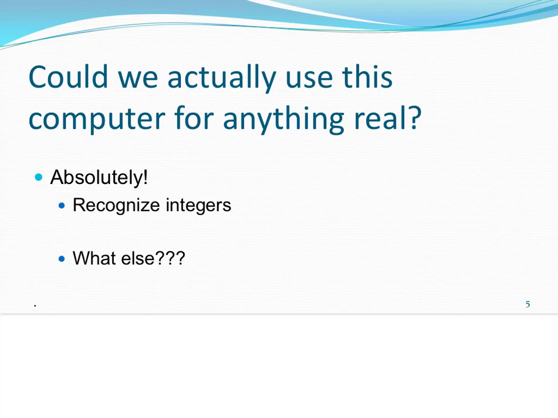Well, one thing that it could do is recognize an integer. So it could tell us whether numbers are integers or not, and we could use that in, say, a Java compiler. In fact, there's a ton of stuff we could do with a Java compiler, because we could parse a line of code and decide whether it was syntactically correct.